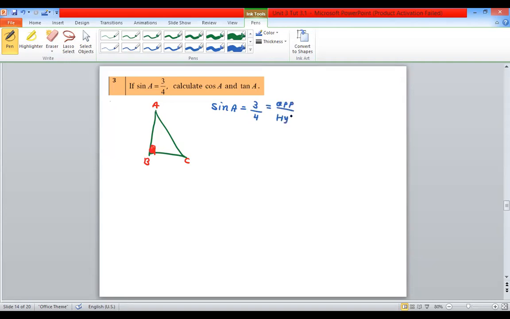So this is your angle A, whose opposite side is BC, and whose hypotenuse is here. And the value of BC is 3, and value of hypotenuse is 4. This side is missing. This adjacent side is not given.